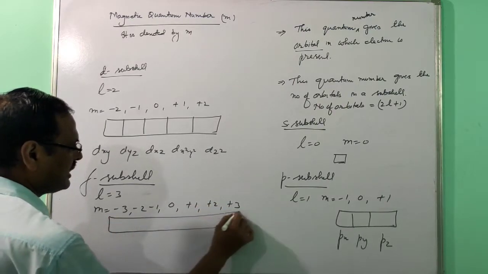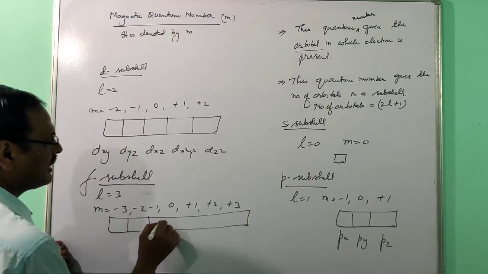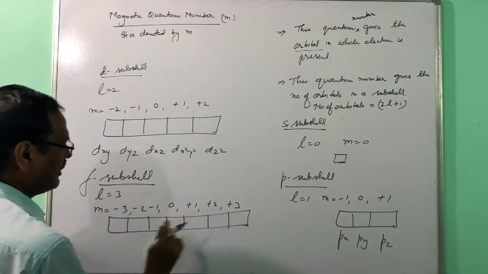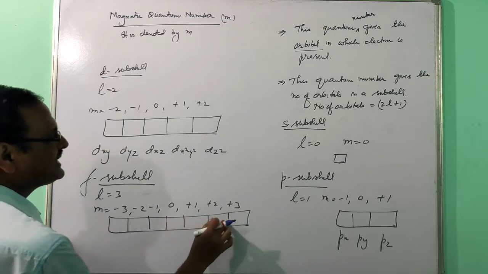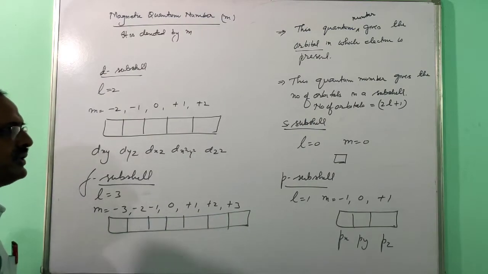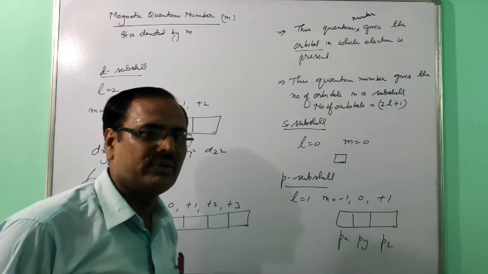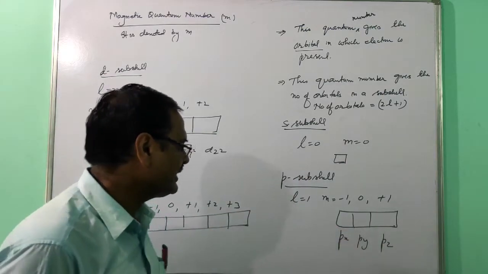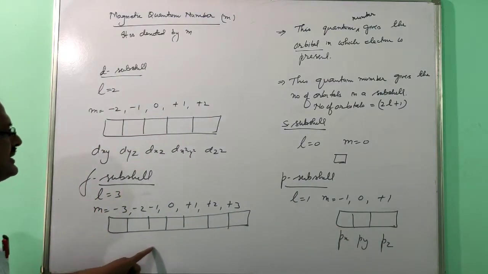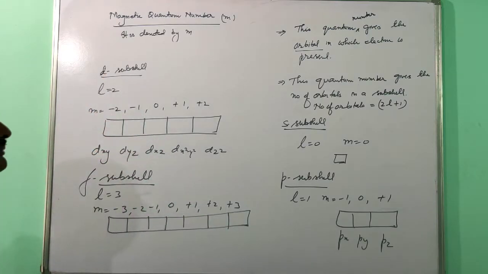In this one, how many orbitals are there? 1, 2, 3, 4, 5, 6, 7. So this is for you: in the S subcell, only one orbital; in the P subcell, 3 orbitals; in the F subcell, 7 orbitals; and in D, 5 orbitals.